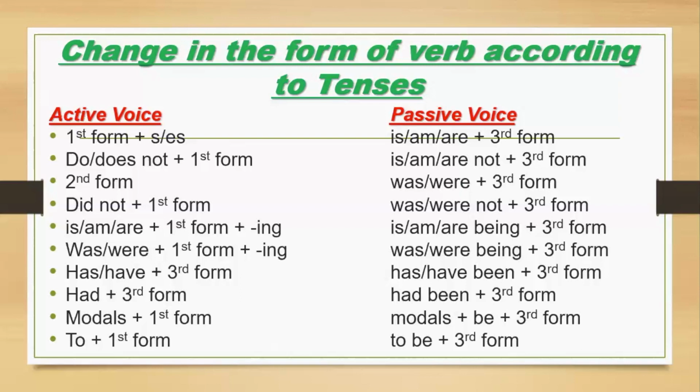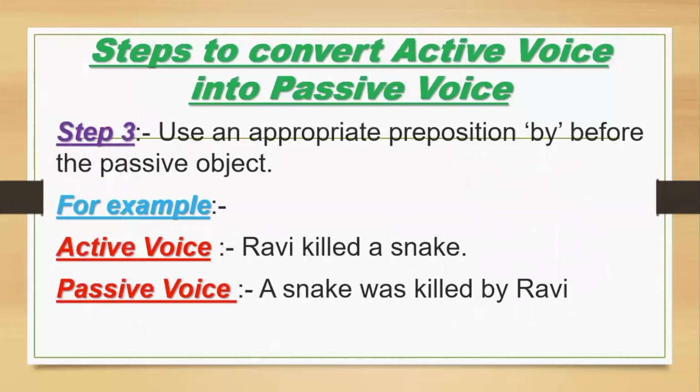Okay. So I hope you have understood how we have to change the form of verb. So you have to remember all these rules. Okay. Next is the third step, last but not least. Use an appropriate preposition by before the passive object. Then we have to change the subject into object, like Ravi killed a snake.